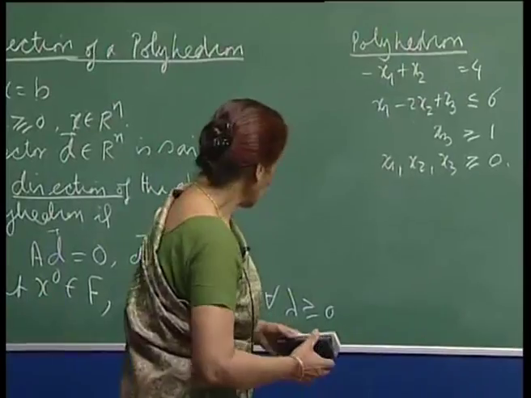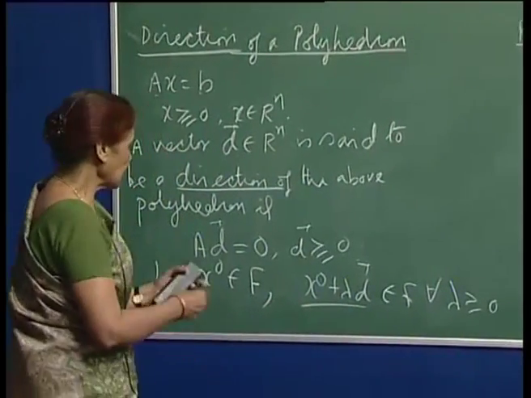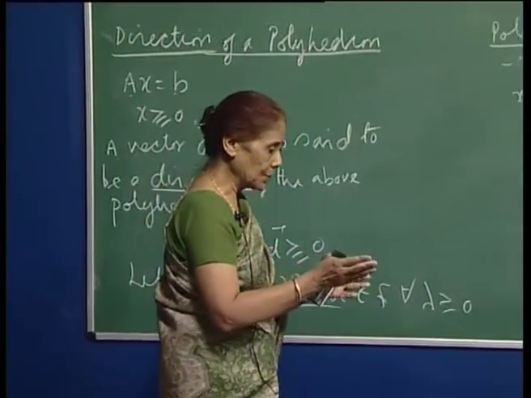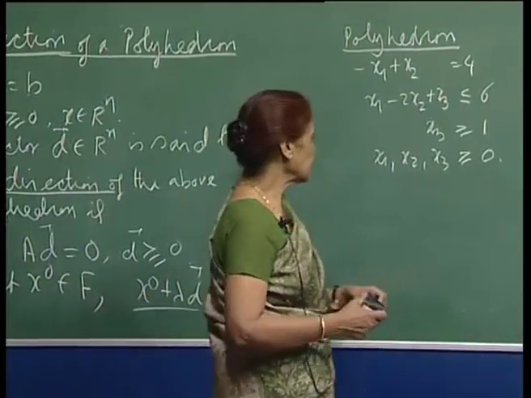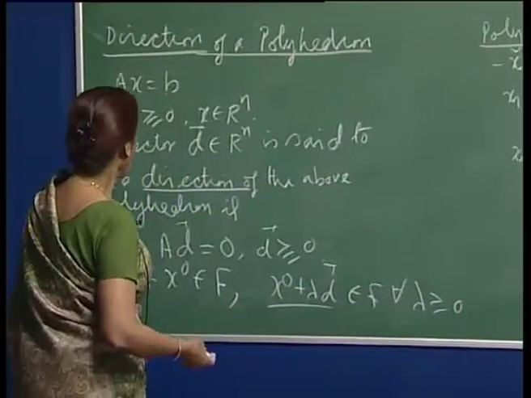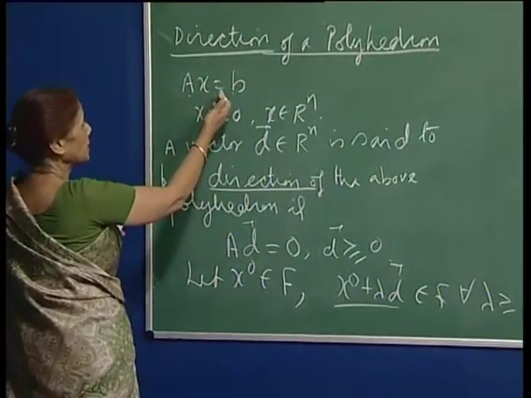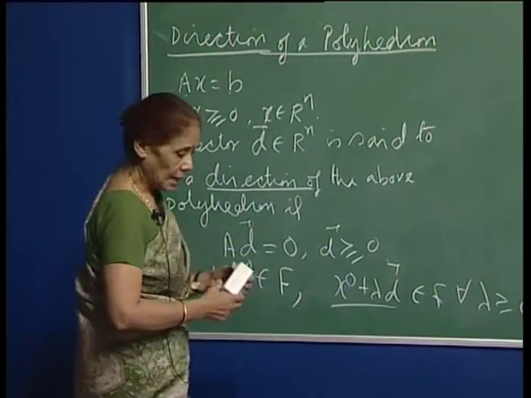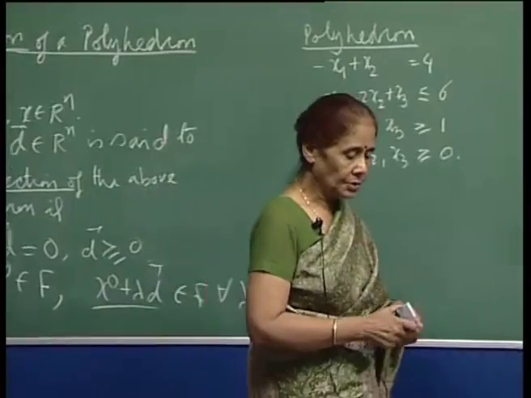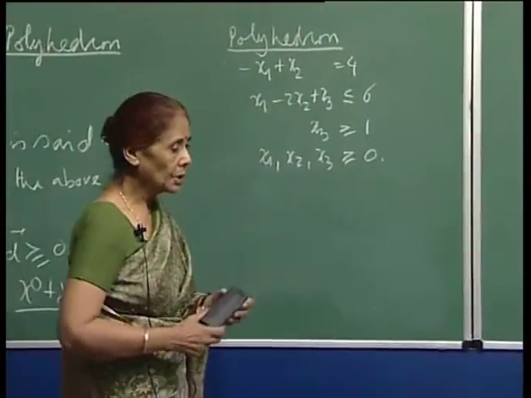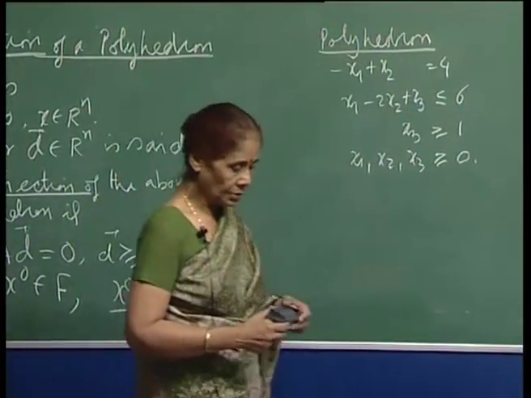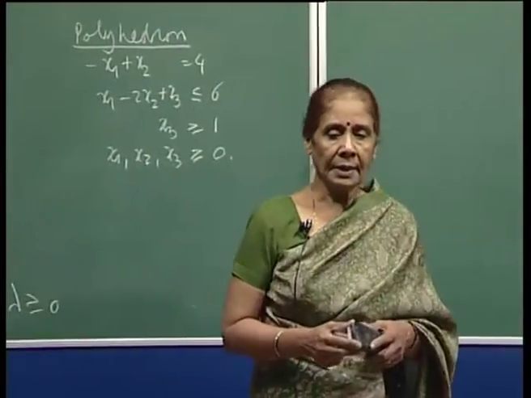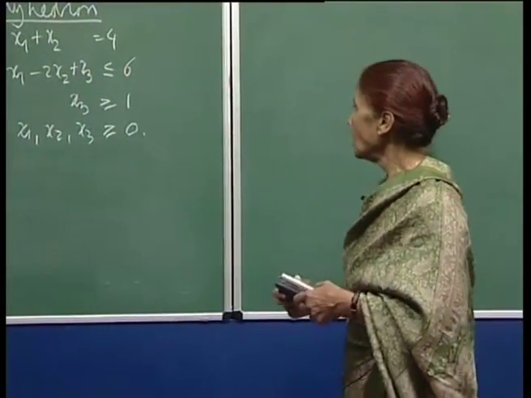So, this is the idea, that means you can move in the feasible region along a direction. Now, of course, you can have your description of the polyhedron as less than or equal to b or greater than or equal to b, but this I will leave as an exercise for you, and I will demonstrate through a particular example the concept of a direction and how you go about locating it.